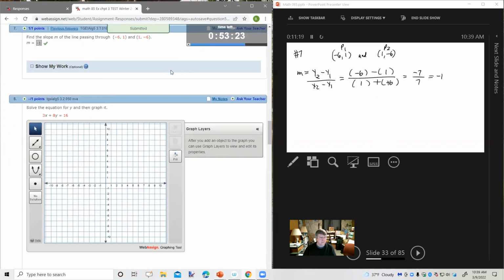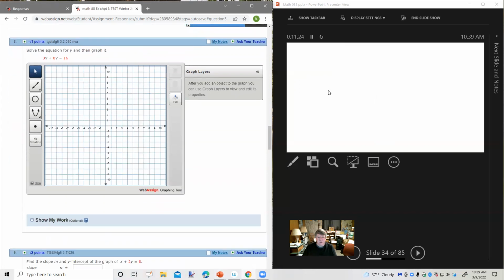All righty. Problem number 8 says, solve the equation for y and then graph it. So 3x plus 8y equals 16. To solve this equation for y, I'll subtract 3x from both sides of the equation.